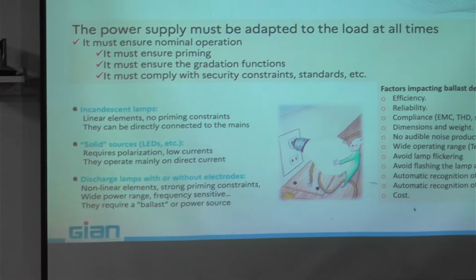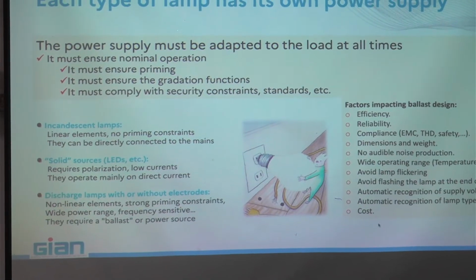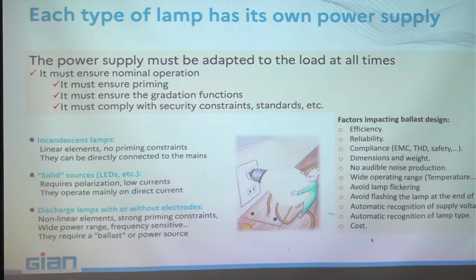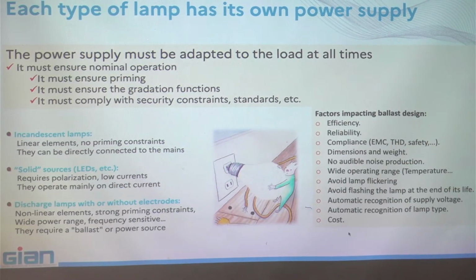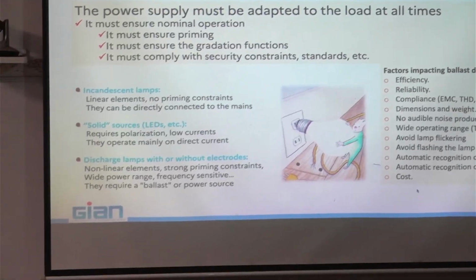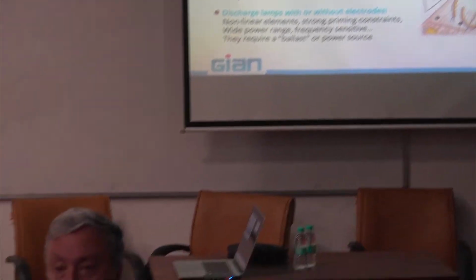Discharge lamps are the more difficult to supply because, as I will explain to you, they are strongly nonlinear elements. Even if at relatively low frequencies, when I say low frequencies, I'm speaking up to gigahertz, they have pure resistive behavior.